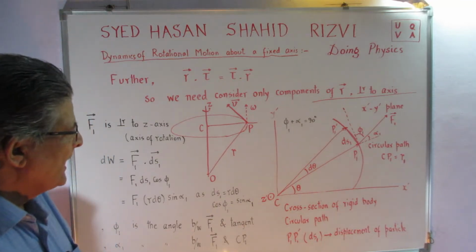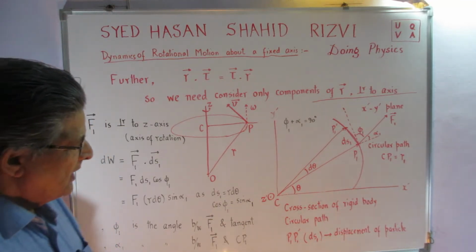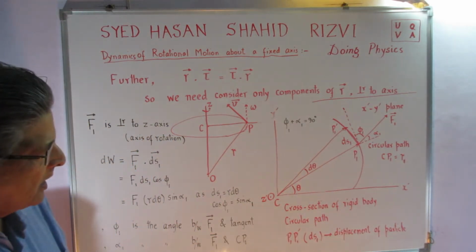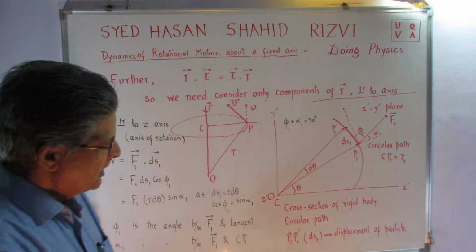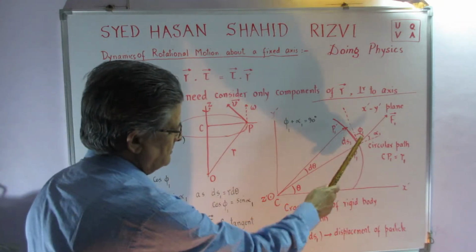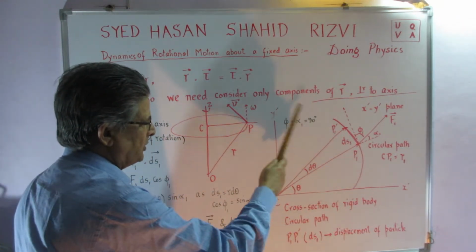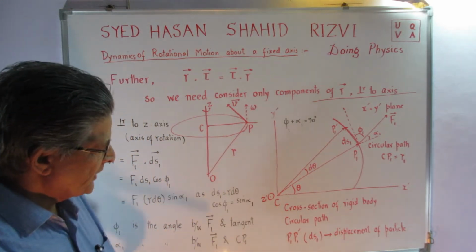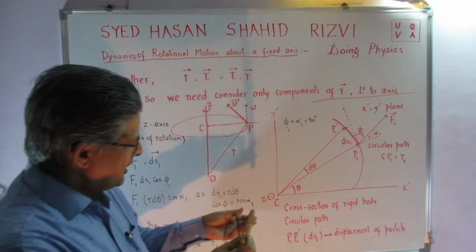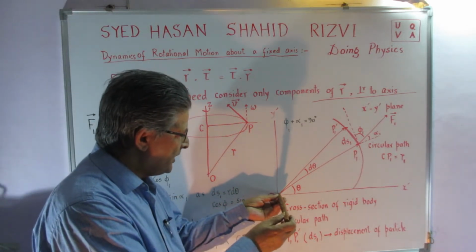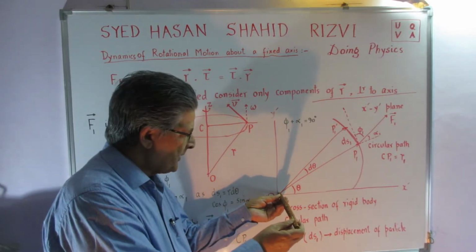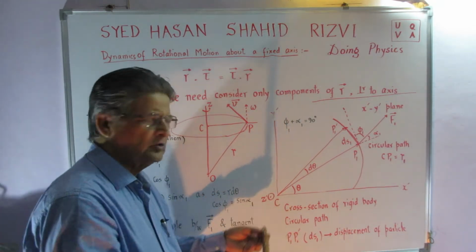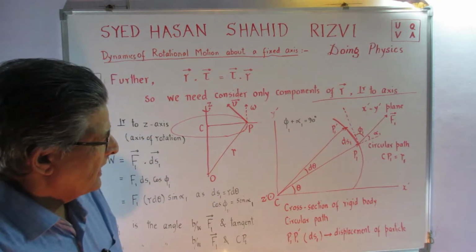Now I have a cross section of the rigid body in which a particle is undergoing uniform circular motion. Because it is a cross section, my axis of rotation is perpendicular to the board, out of the board or into the board, it doesn't matter.